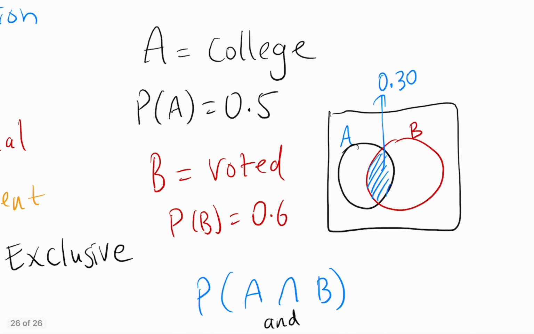So you could also do that if you want. Basically the probability of neither is 1 minus the probability of either, meaning A or B. But in either case, we've talked about intersection and union.